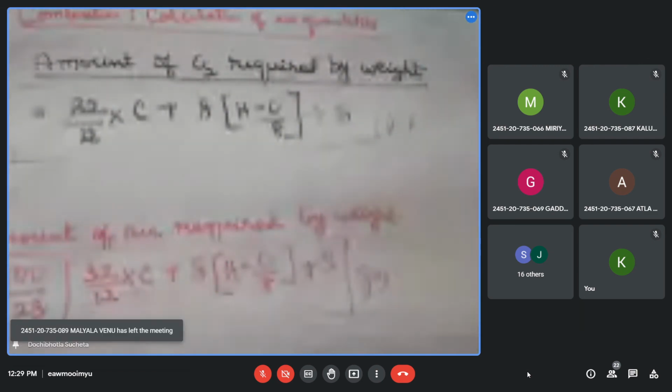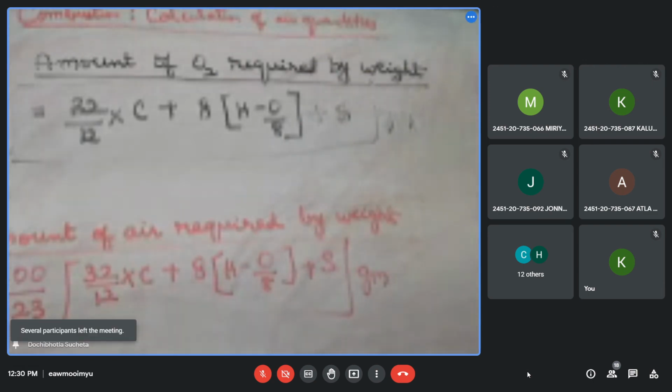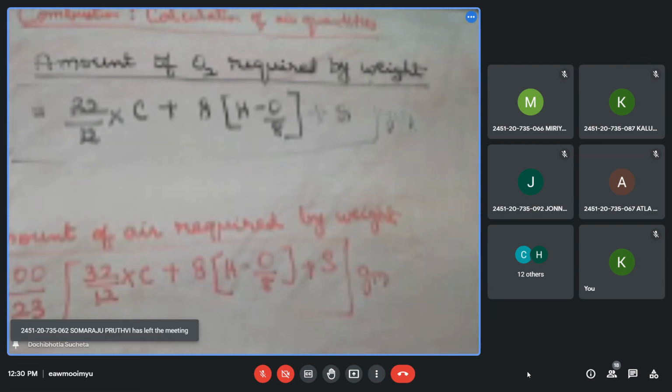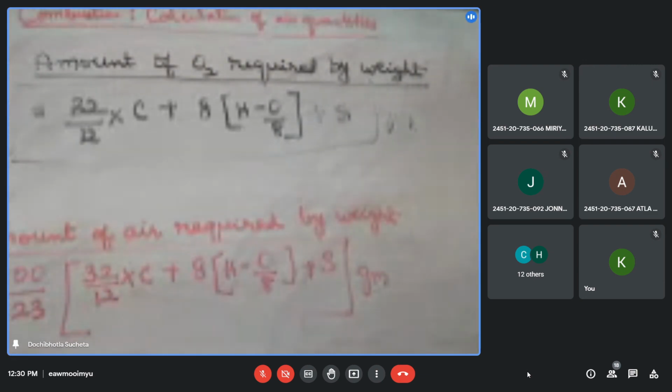Good day to all of you. Did you write the equation? Tomorrow again at 10:30. I'll post it in the group. Okay, bye. Usha and Neeraj, please coordinate. Tomorrow again by 10:30. We'll do the numericals and conclude the chapter.